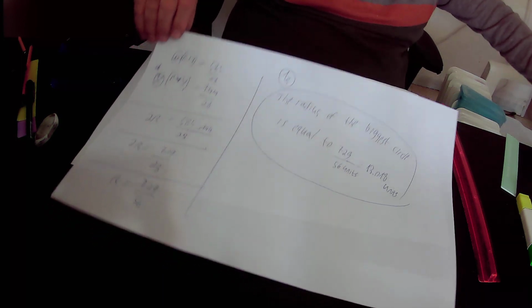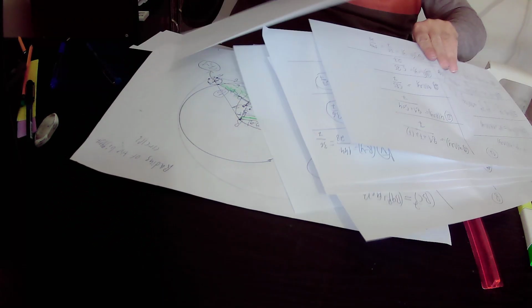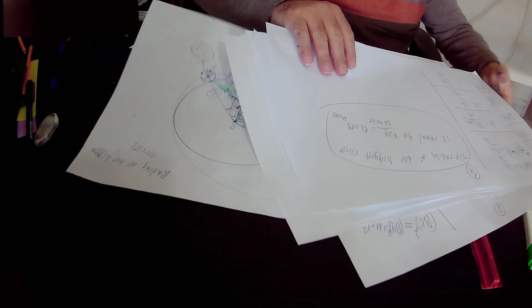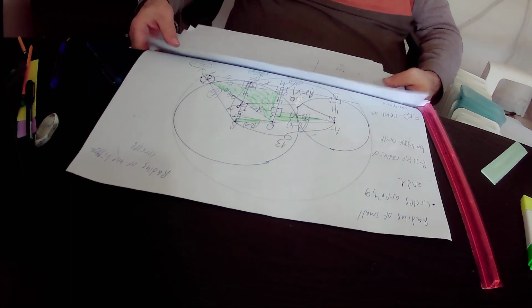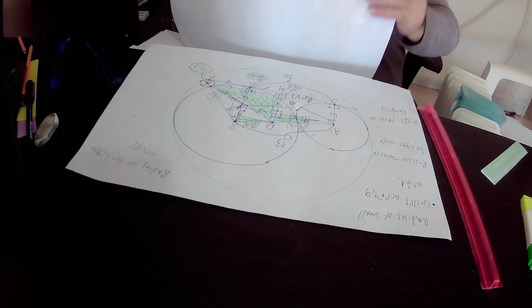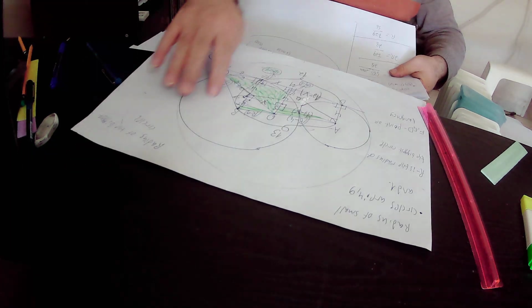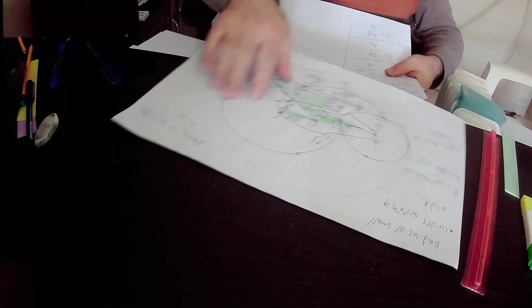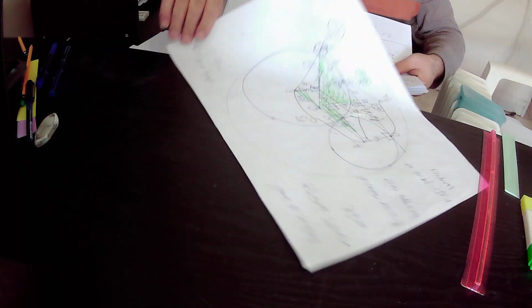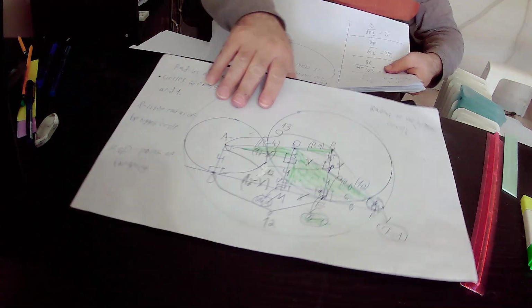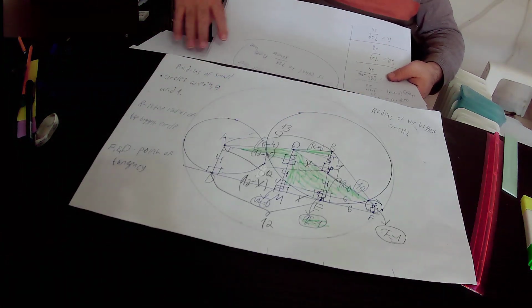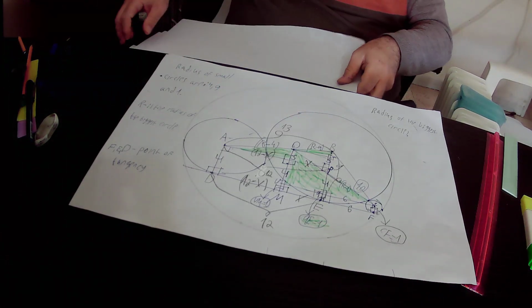Actually, we wanted to find out the radius of the biggest circle. We have two circles that are located inside the biggest circle, and we want to find out the radius of the biggest circle.